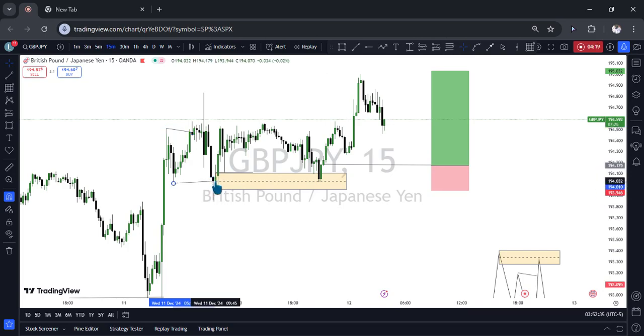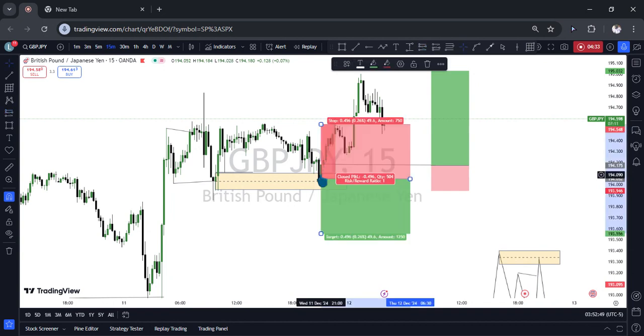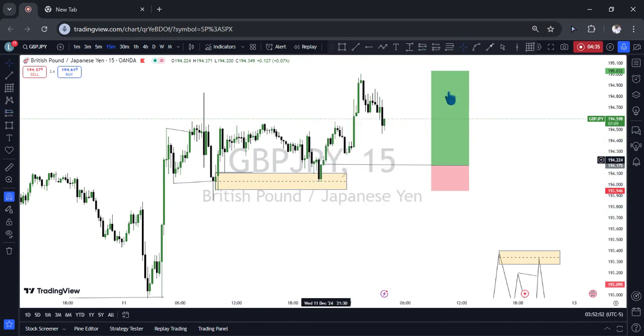So we saw that after it pushed to the upside, it swept this high. Now the market came back and tapped into the order block around this area, and it's made over 50 pips, right?